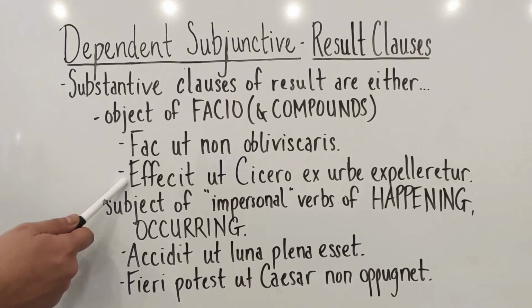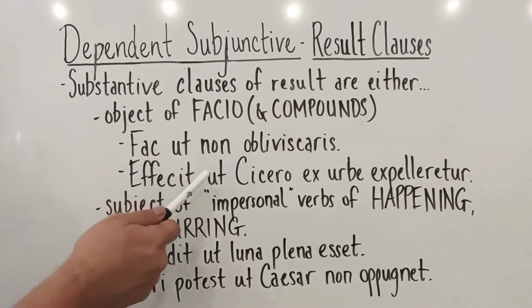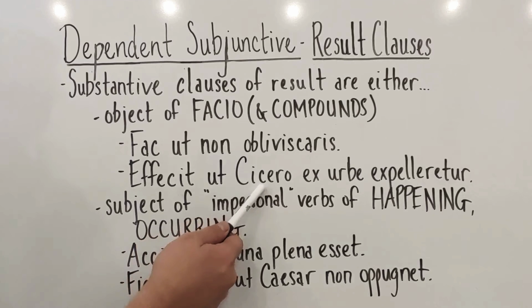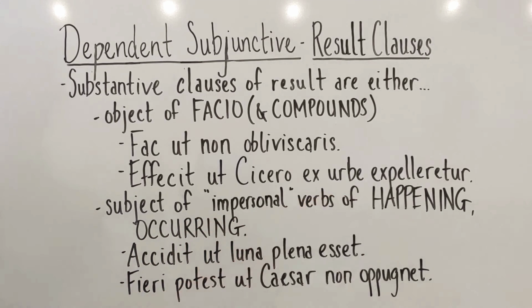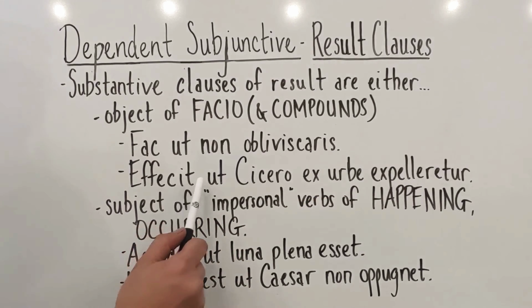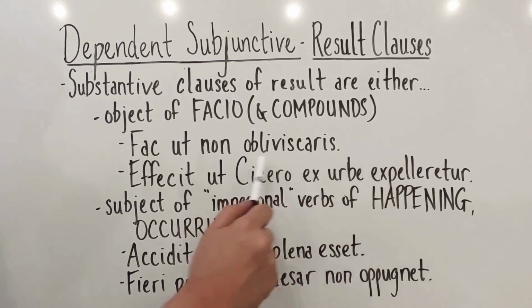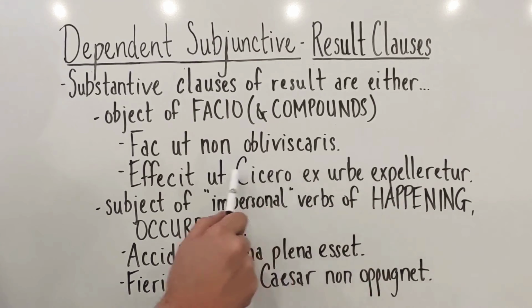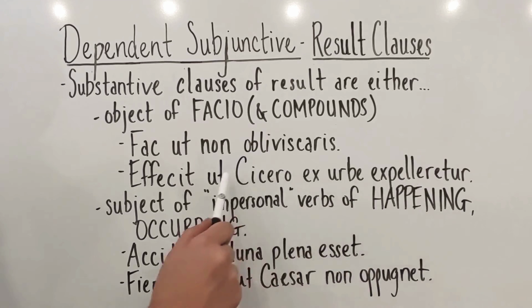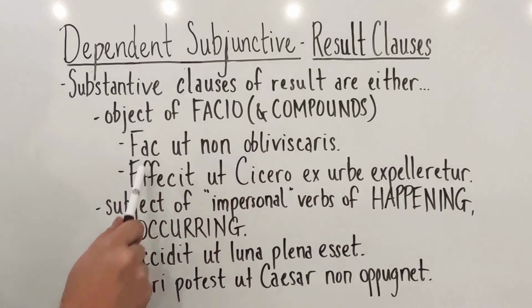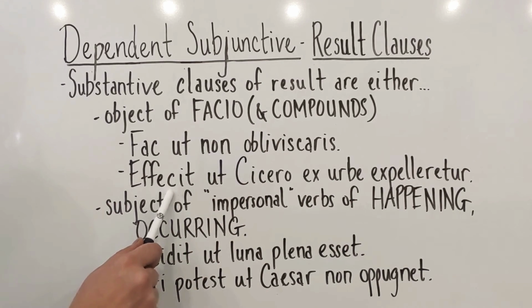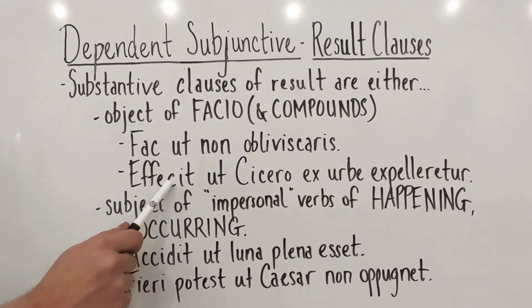He did something, and the result of that thing, ut, was that Cicero ex urbe expelleretur. This is the substantive dependent subjunctive clause. It is a substantive result clause, so it is the result, the consequence of this main verb, which is a compound of facio. So he did something, whoever he is.